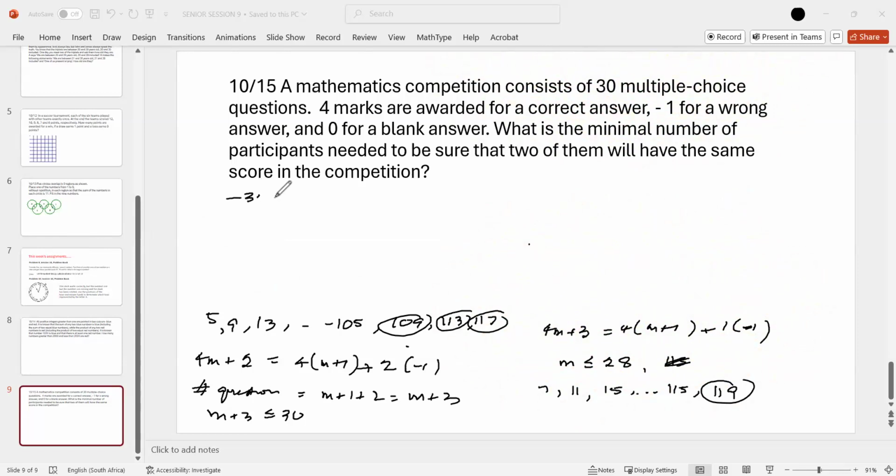So it's minus 30, minus 29, all the way up to 120. That set has 151 elements, because from 0 to 120 is 121, and then 1 to 30 is another 30, so that gives you 151. And 6 not attainable.